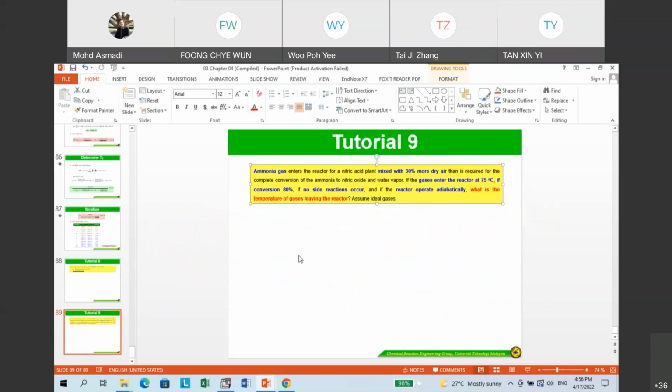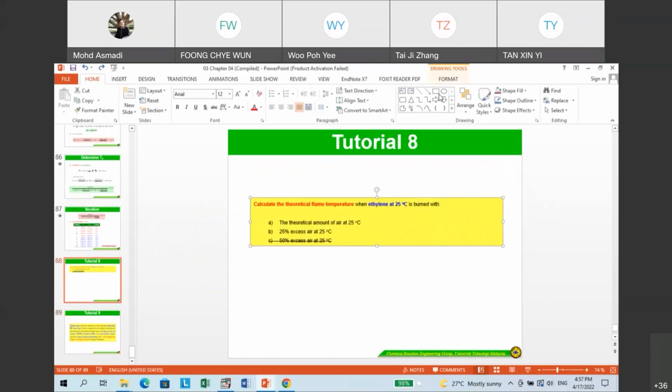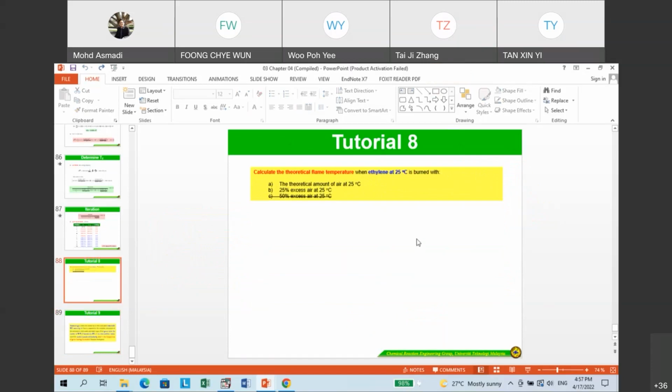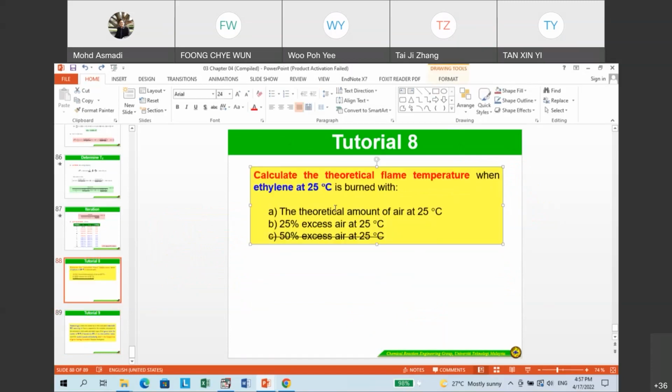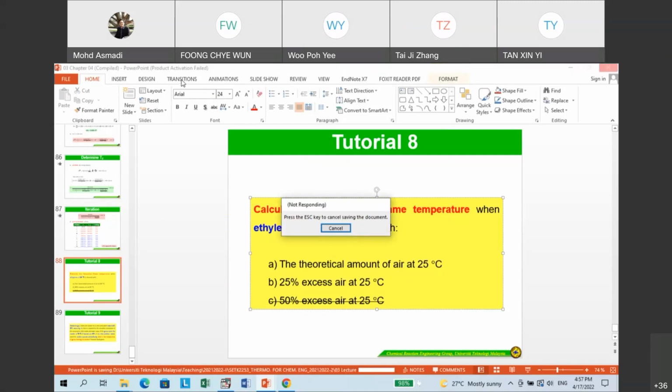So please do this tutorial. Generally for the test, it's going to be this kind of question. Any questions for the step? Because one hour seems very short. If you have no questions, it's already 5 o'clock.